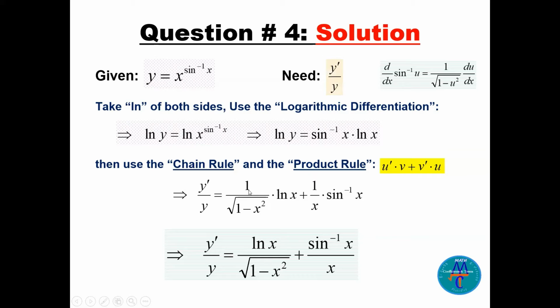So the derivative of the first is written here on the right side, 1 over square root of 1 minus x squared times ln of x. The derivative of ln of x will be x prime over x, which is 1 over x times inverse sine of x. Just rearrange it here. So y prime over y will be ln of x divided by square root of 1 minus x squared plus inverse sine of x divided by x. That is the answer.